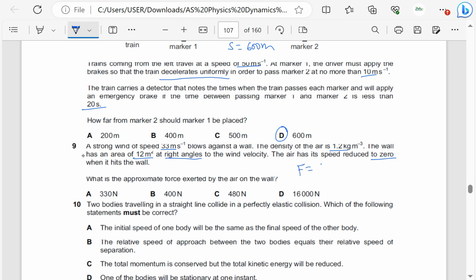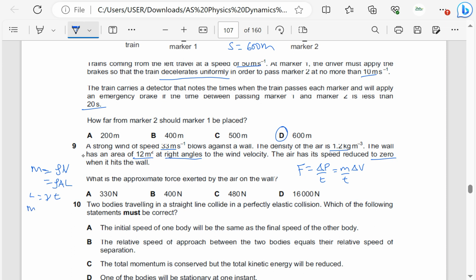So force is equal to the rate of change of momentum. So this is going to be mass times change in velocity over t. But remember, mass is equal to density times volume, and volume is equal to cross-sectional area times distance, and that distance can be speed times time.